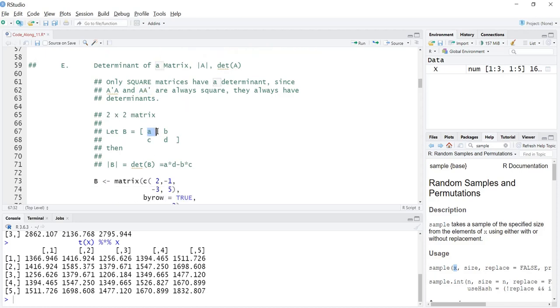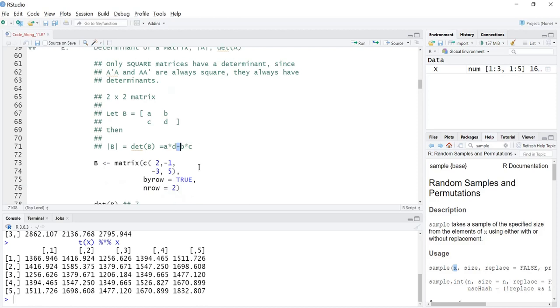Let's say its elements are A, B, C, D. We always go across the rows first and then down the columns. So the first row has A and B, and the second row has C and D. The determinant here would use the diagonals: A times D, and then you subtract B times C. It's like a cross multiplication, but with a subtraction in there. So AD minus BC.